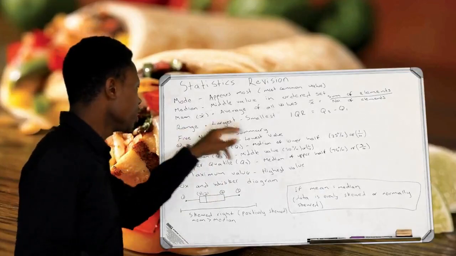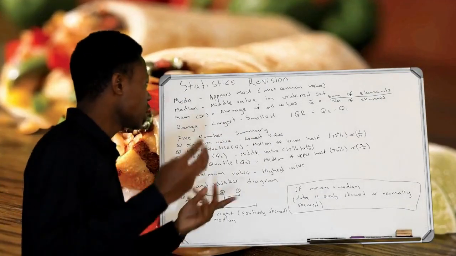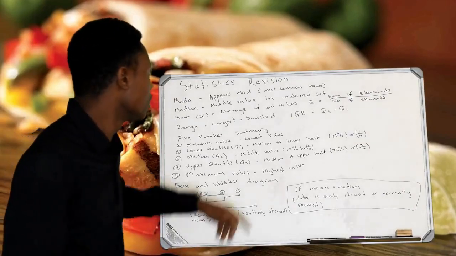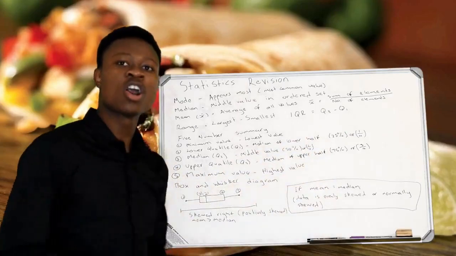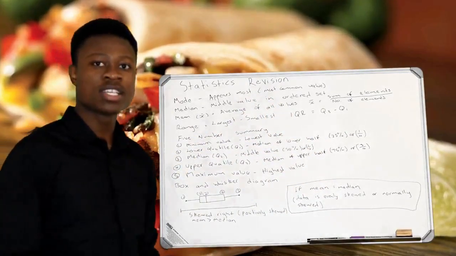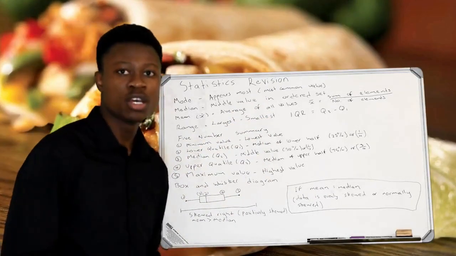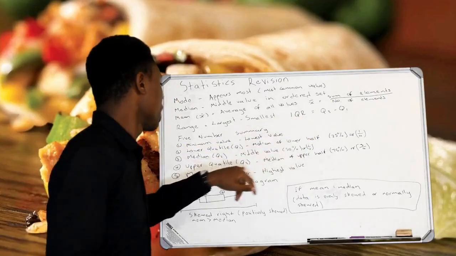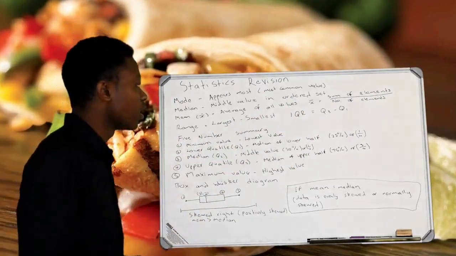IQR is the interquartile range, which is equal to Q3 minus Q1, Q3 being the upper quartile and Q1 being the lower quartile.